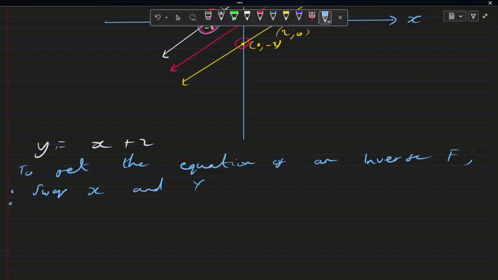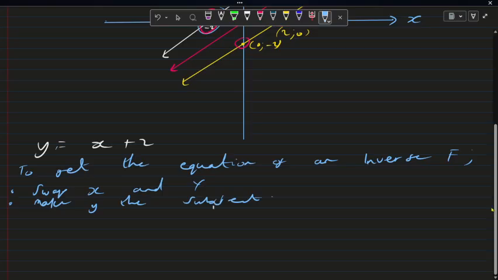And number two, we need to make y the subject of the formula. And then after that, we know that that particular equation is the equation of the inverse function. So number one, we swap x and y, and then number two, we make y the subject of the equation.